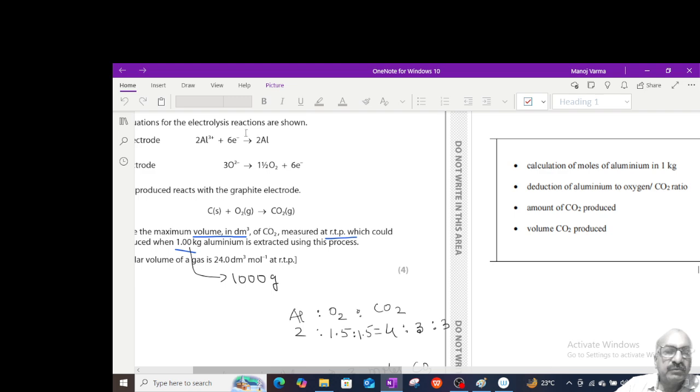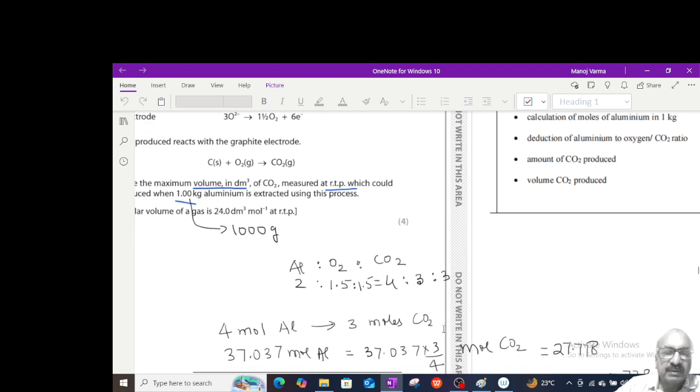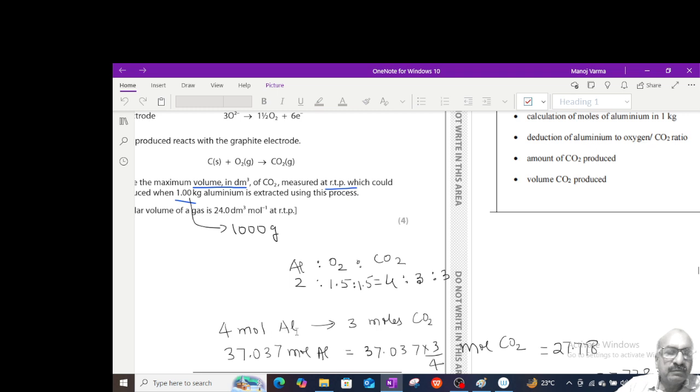They are in the ratio of 2:1.5, which is equal to 4:3, but the number of moles of carbon dioxide formed is equal to the number of moles of oxygen. So it will also give you the same amount of carbon dioxide, that is three parts, right? So 4 moles of aluminum give you 3 moles of carbon dioxide.